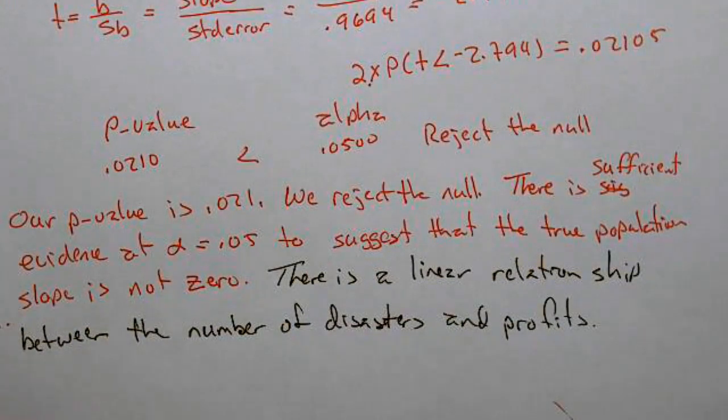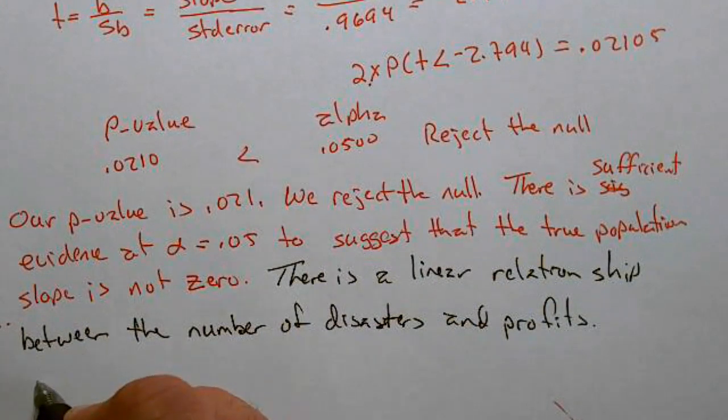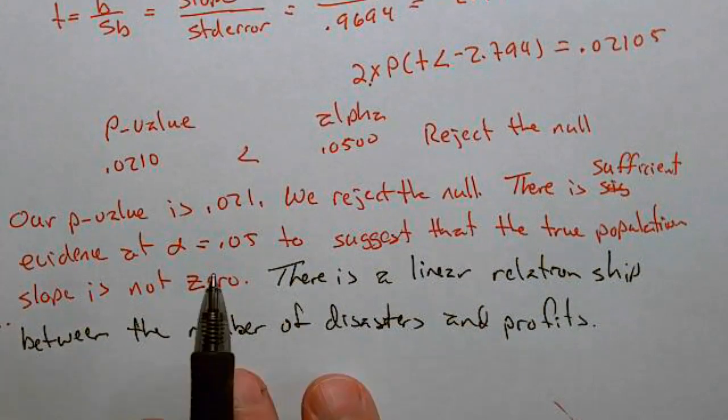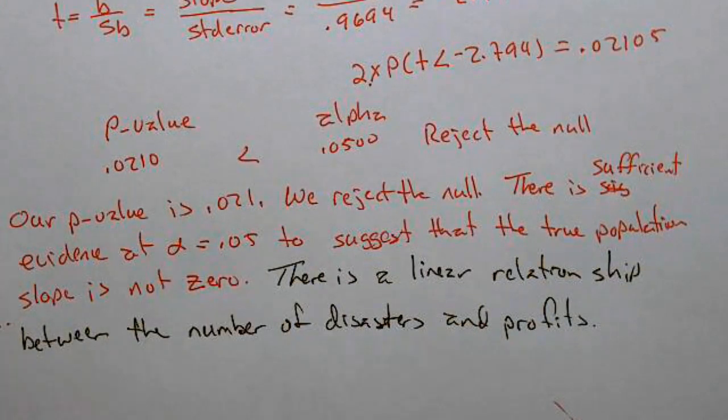So what that tells you is X, or the number of disasters, is a good predictor for profits, right? They didn't ask that, but the number of disasters would be a good predictor. If we determine that it's statistically significant, then it is a good predictor. So statistically significant is equivalent to saying good predictor.